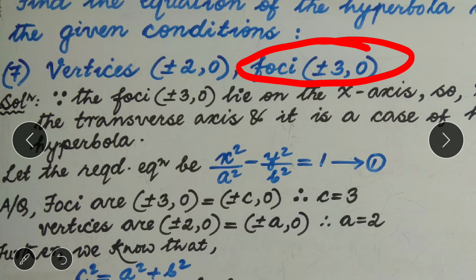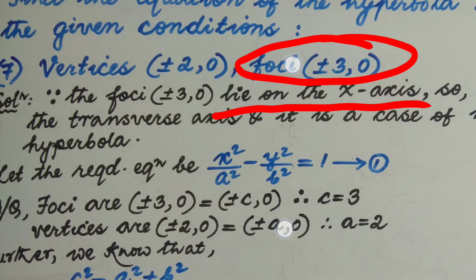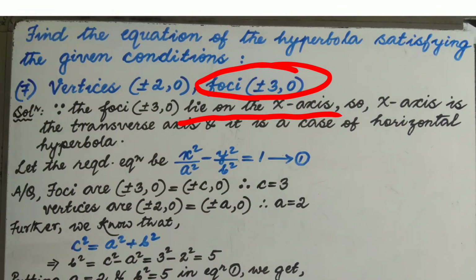Plus minus 3, 0. Where does it lie? It lies on the x-axis. Since it lies on the x-axis, what can we say? That this is a horizontal hyperbola, because we have learned that in a horizontal hyperbola, the foci always lie on the x-axis.